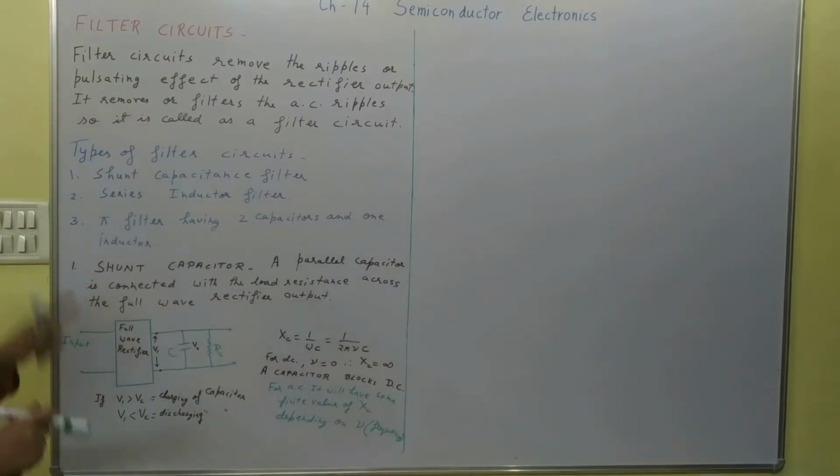So you can say that it allows AC to flow through it, but it blocks DC.